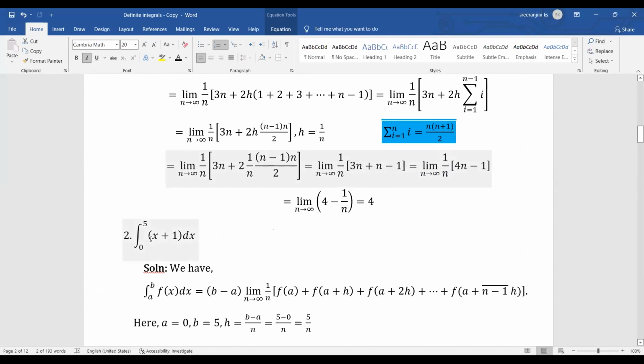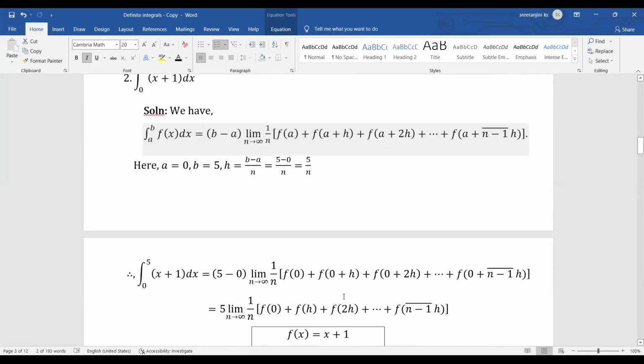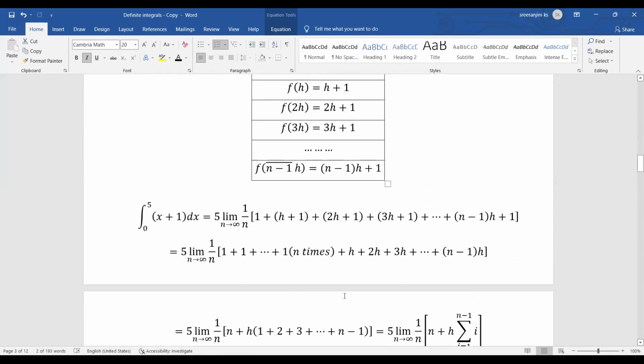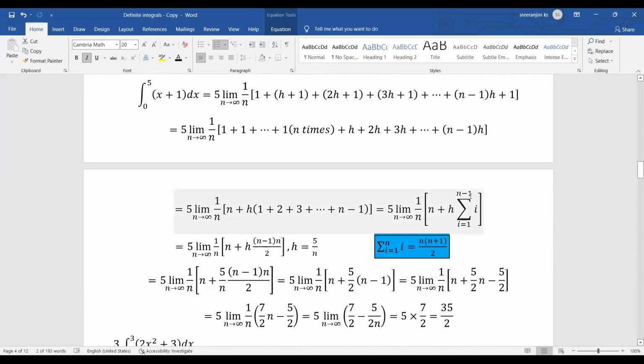Similarly, in the second problem also, there is presence of x power 1, and here also we got the same sigma i equal to 1 to n minus 1 of i. So if x alone, x power 1, is there, then normally that will connect us to this sigma i equal to 1 to n minus 1 of i.